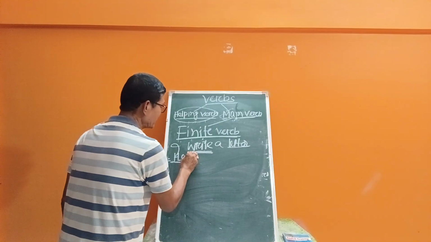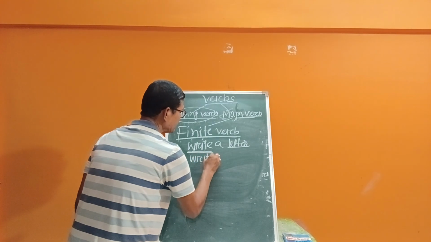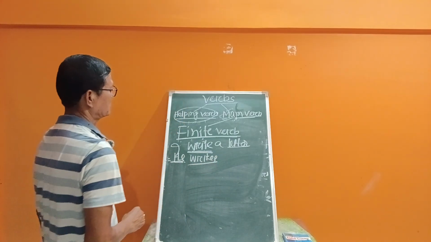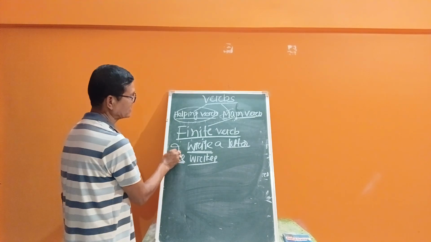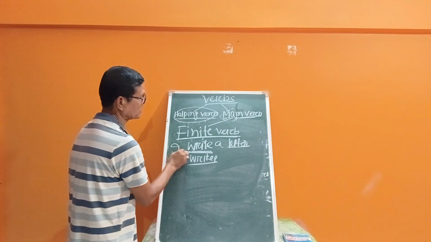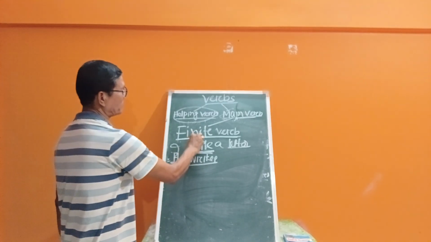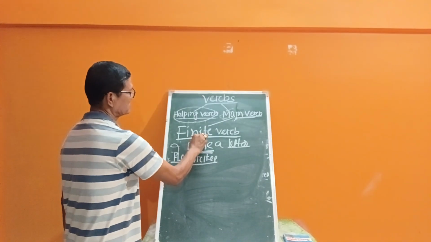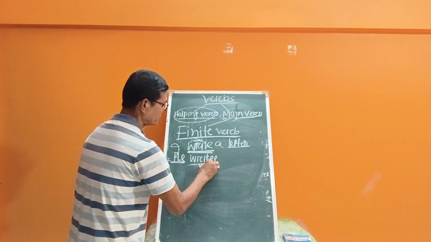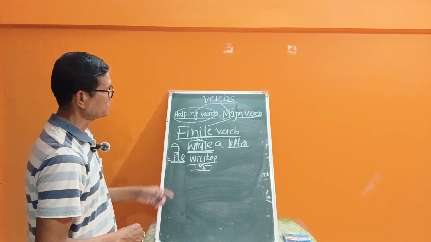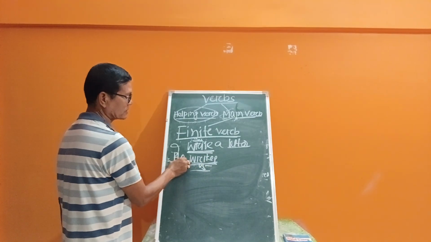If you write he, then you should write here writes, W-R-I-T-E-S, writes. Now the verb has been changed because the person is changed. If you write I, first person, there should be write, isn't it? And this is a base form. If this is the base form, then writes is with he. It is third person singular number.